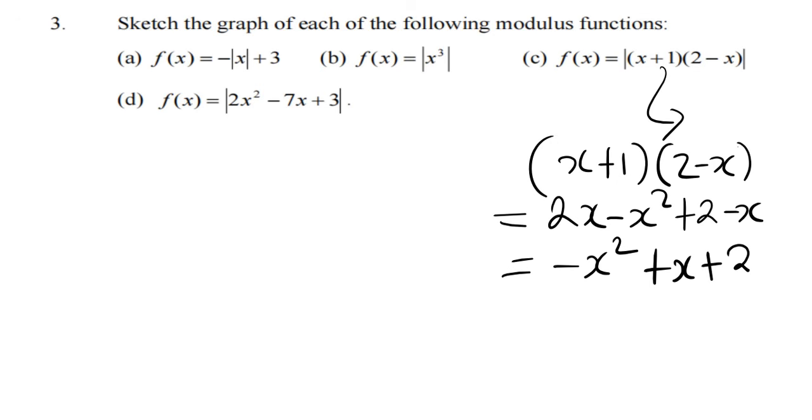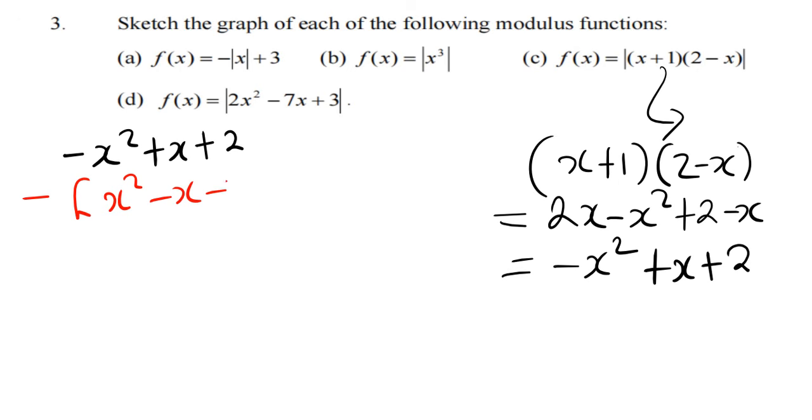If this is what we have, now I'm going to solve this equation, negative x squared plus x plus 2, just like a normal when you're using completing the square. Now if I'm using completing the square, let me factorize out the negative. I'm going to remain with x squared minus x minus 2.